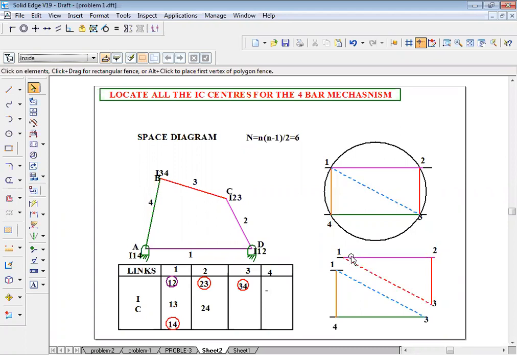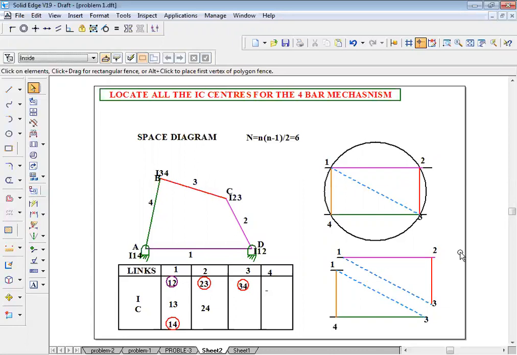Now you can observe in the first triangle 1 2 3, by joining I12 and I23, we'll get I13. That means according to Kennedy's theorem we are going to find it. That is, when three bodies are in contact or in a path of rotation, all the instantaneous centers lie on the same straight line.